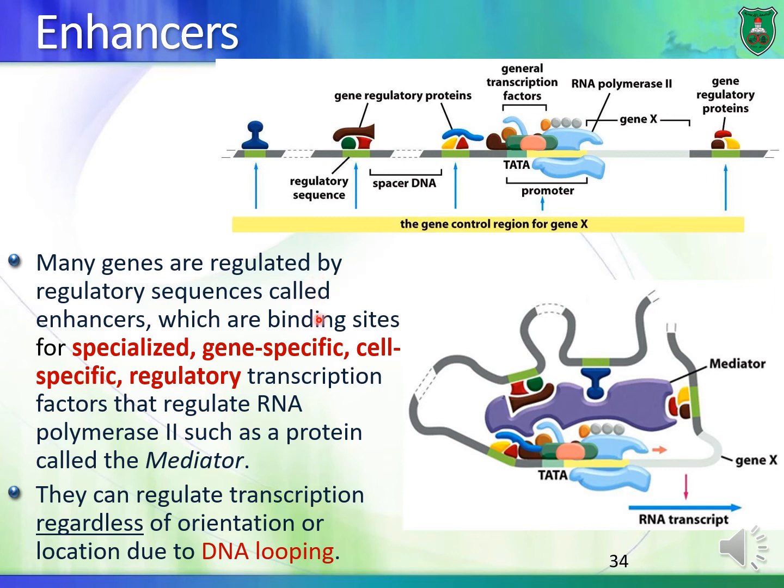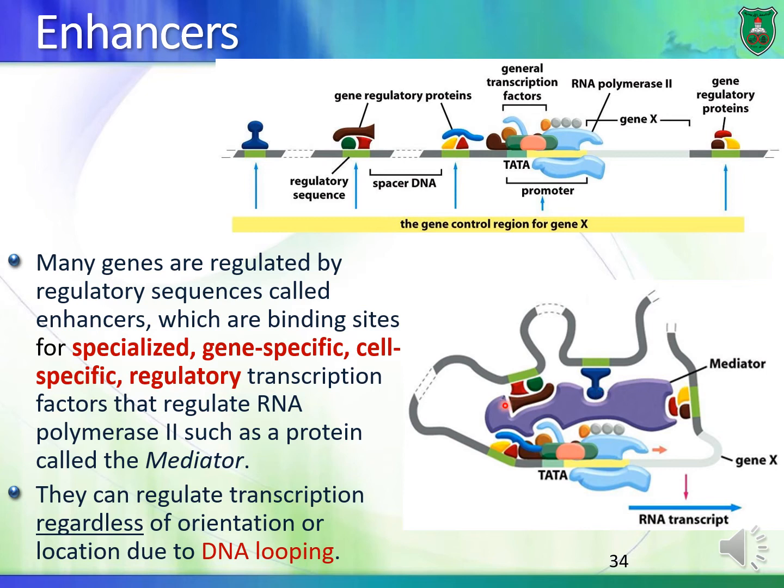Why? Because there is a feature of DNA known as DNA looping, meaning that DNA can loop around. So whether you put the enhancer here or there, the DNA can loop and it would allow for expression to take place. So how does it function?